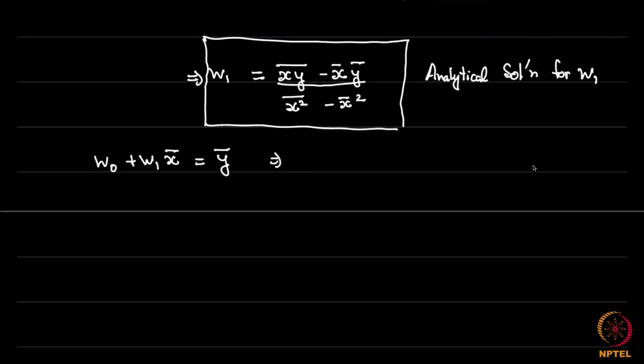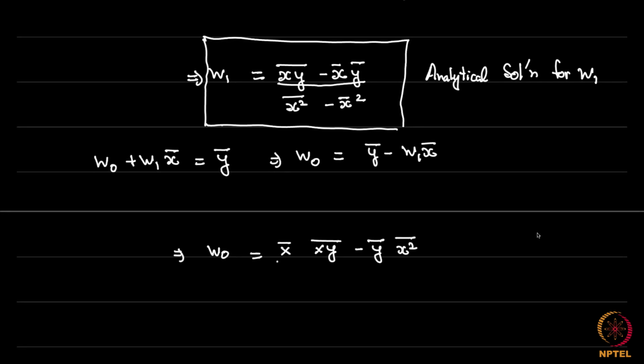So this gives us W0 is y bar minus W1 x bar. And you can write this in a convenient way. W0 becomes x bar multiplied by xy bar minus y bar times, I'll leave the derivation up to you. It's a fairly straightforward derivation, divided by x square bar minus x bar square.